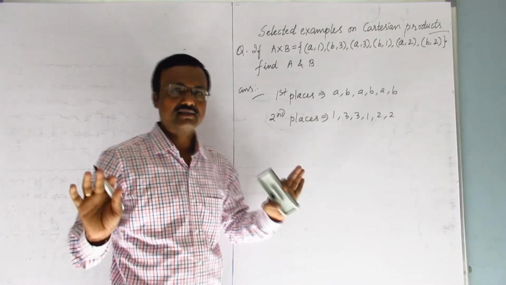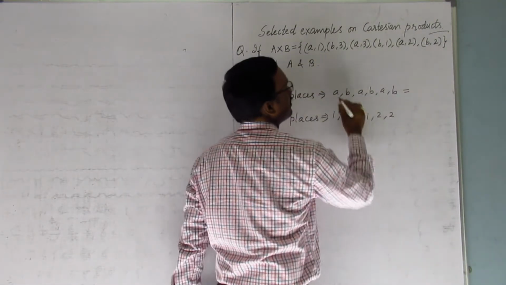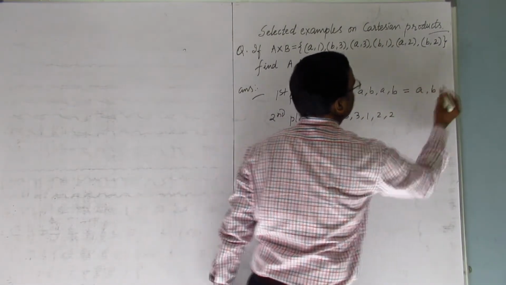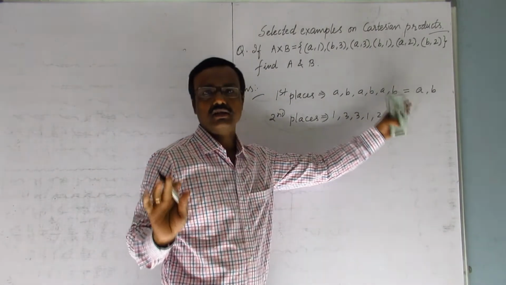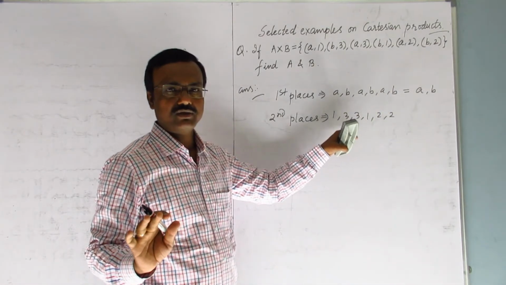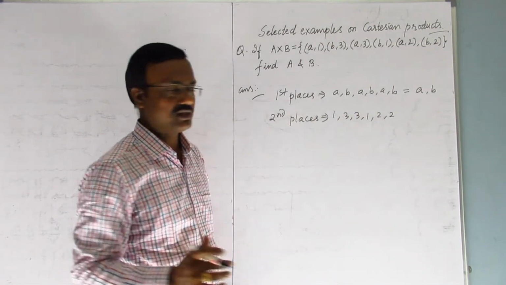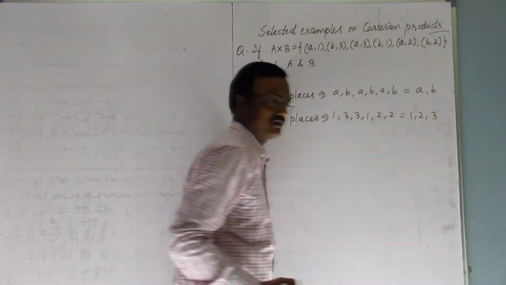Now, which are the different elements they are taking? Without repetition, if we note it down, the elements at the first place are a, b. Similarly, without repetition, the elements at the second place are 1, 2, 3.